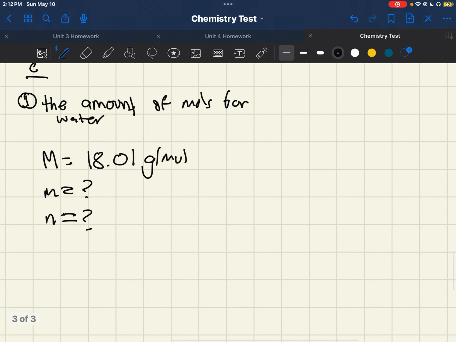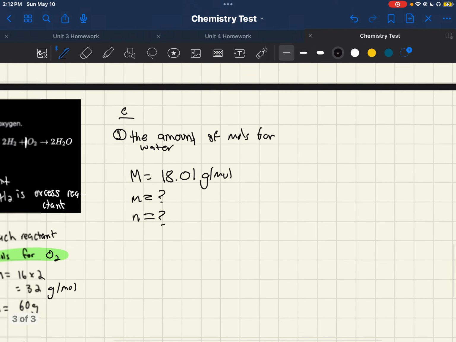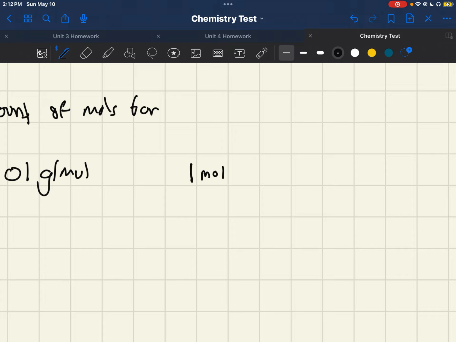Let's first find the amount of moles. The way we're going to do that is through the mole ratio. The mole ratio states that for every 1 mole of oxygen gas, there's going to be 2 moles of H2O.